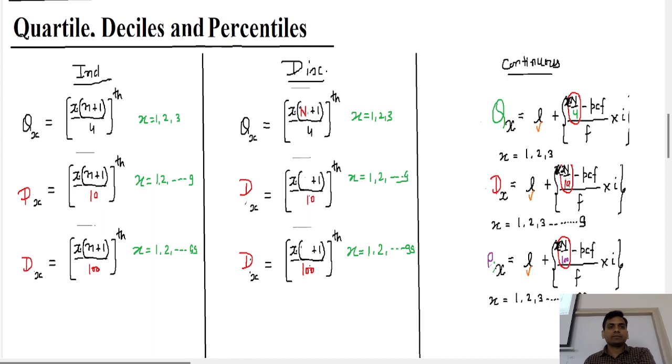This is percentile, denoted by P. Decile is denoted by D.